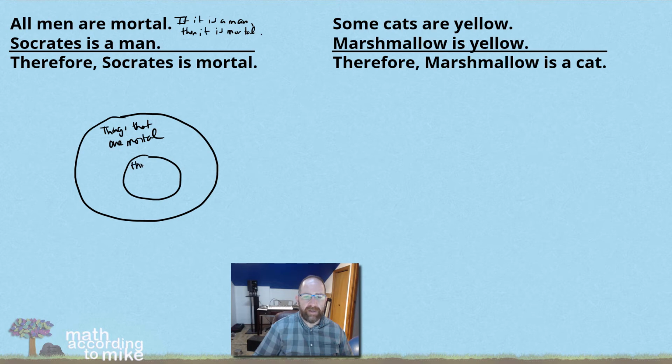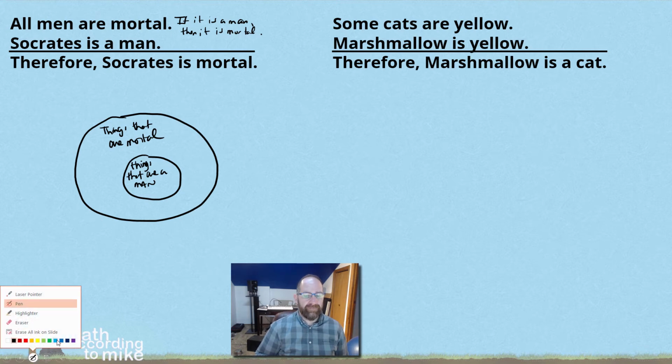Things that are a man, I'll say. So again, the if is the inside, the then is the outside if you have an if-then statement. All right, so this is the beginning of our Euler diagram.